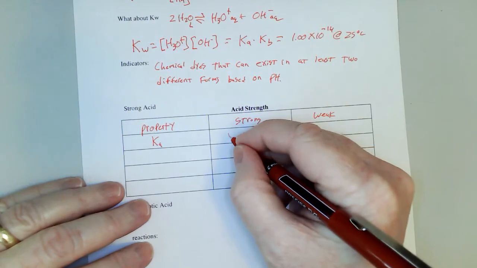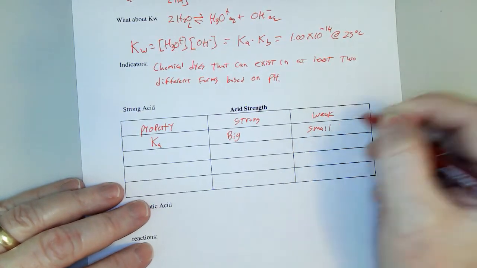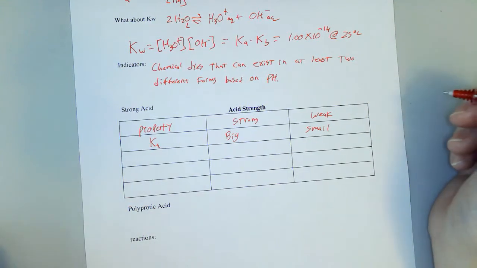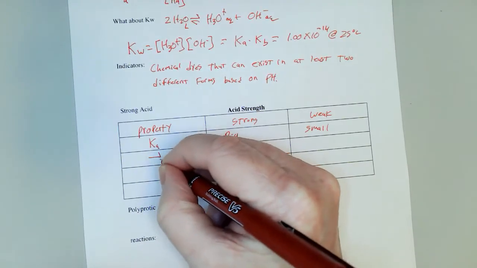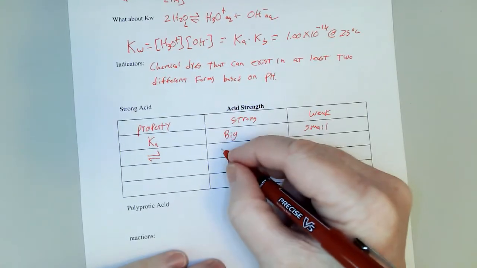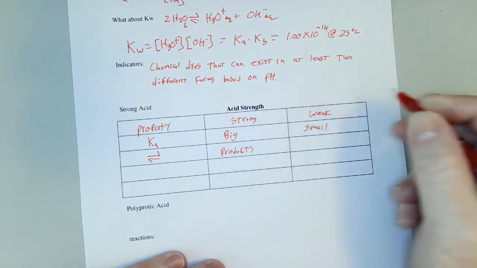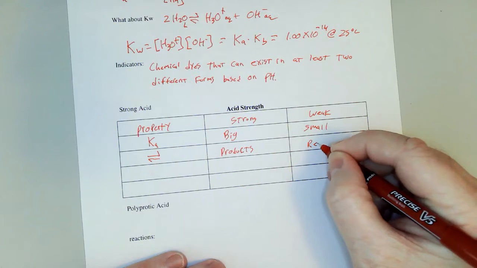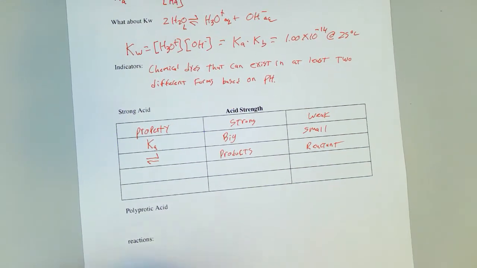Ka for a strong acid is big, and it's small for a weak acid. All right? The next one that we're going to put in here is going to be the equilibrium position. The equilibrium position is on the product side for a strong acid, and it's on the reactant side for a weak acid. Okay?